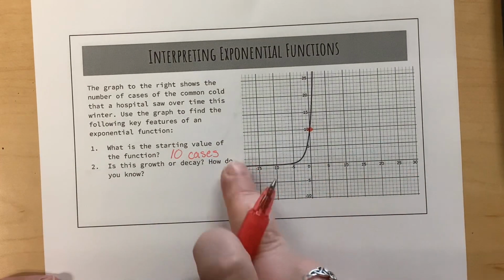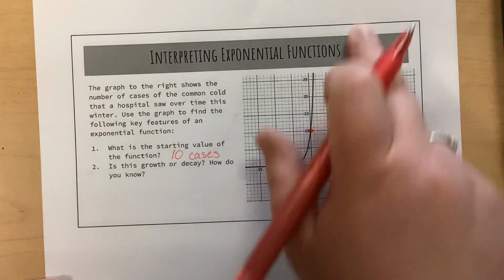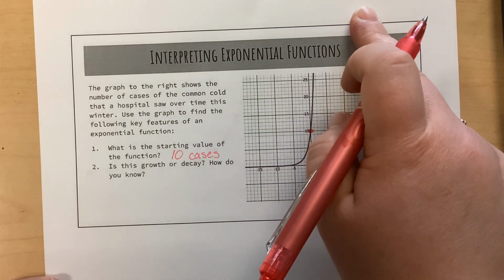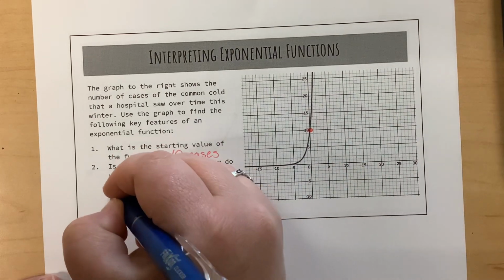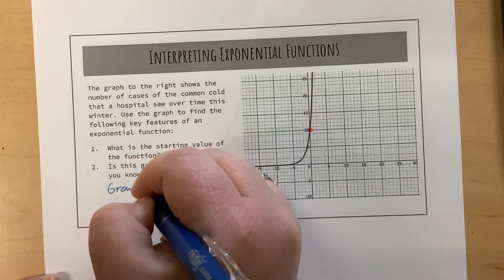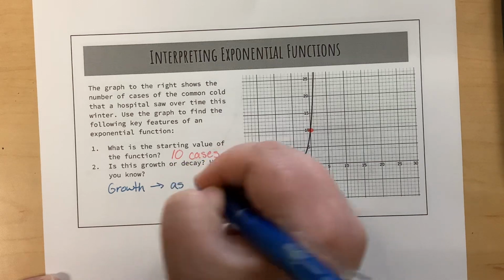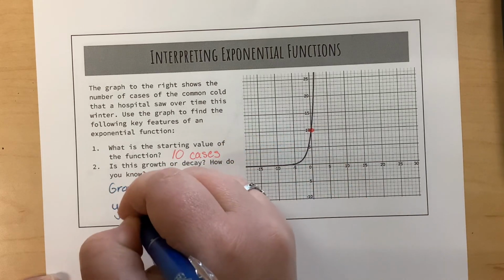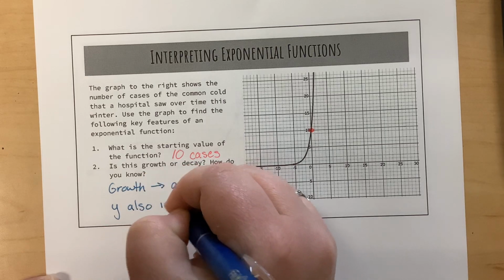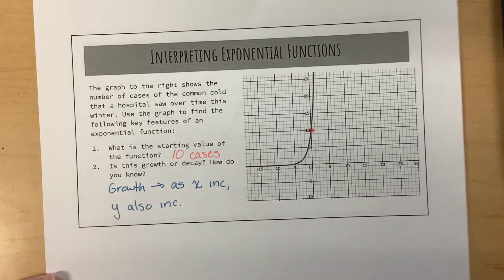And then as time goes on, as x increases, the number of cases of the cold also increased. So this is growth. As x increases, y also increases. Very, very simple. All right, we got one more.